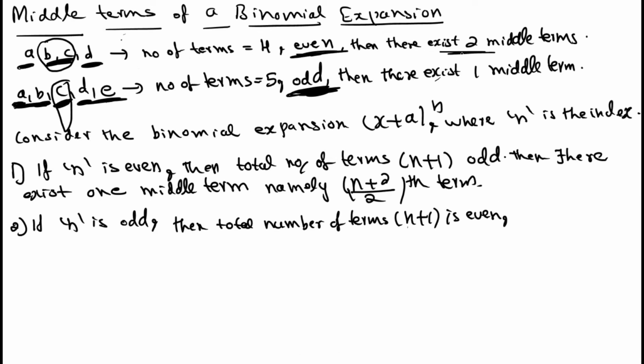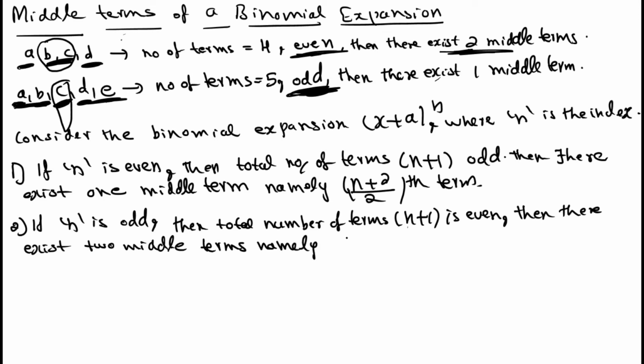Then there exist how many middle terms? Two middle terms, right? Namely, the first is the (n plus 1) by 2 th term and the (n plus 3) divided by 2 th term. It's a formula for finding the middle terms.